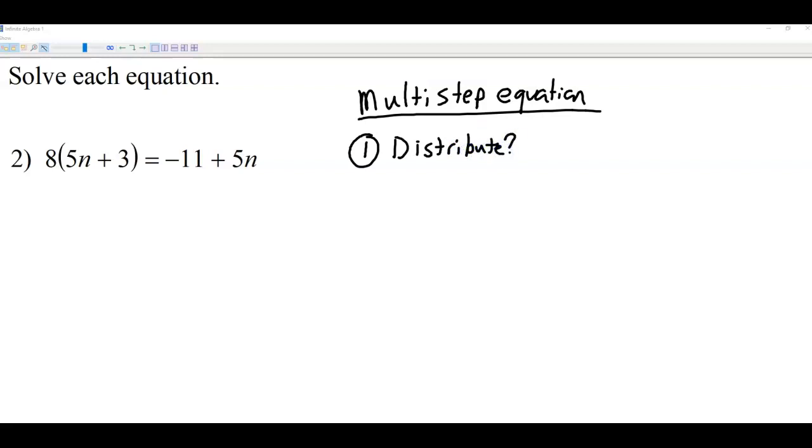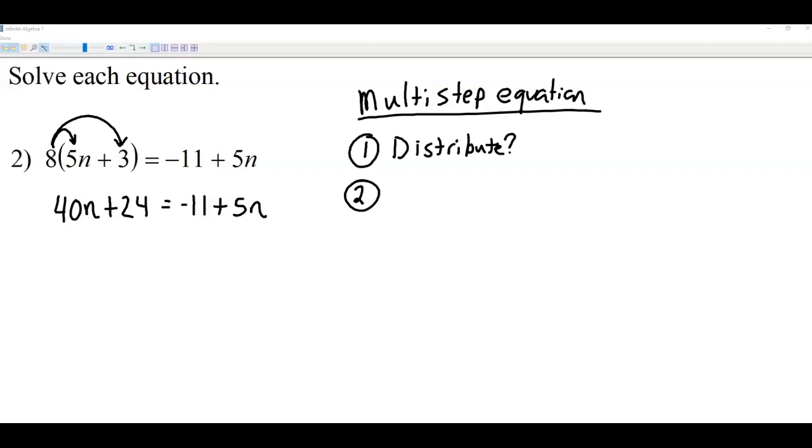So I do have distribution here. So anytime you have parentheses with a number in the front, you're going to multiply the number in front times the numbers on the inside. And after that, you can get rid of the parentheses. Sometimes you'll have to distribute twice, sometimes only once. It just depends on how many sets there are.